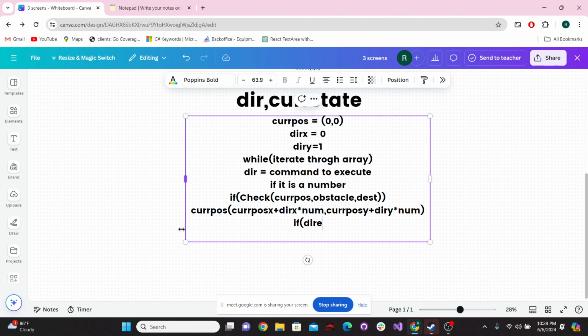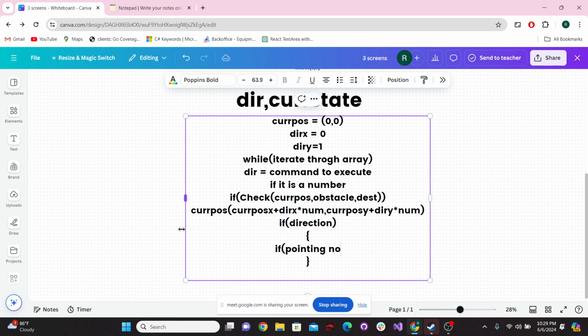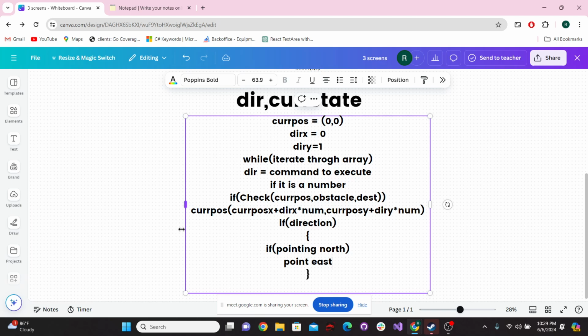If it's a direction, then there's going to be a whole lot of if-else clauses: if pointing north, if pointing east, and so on.